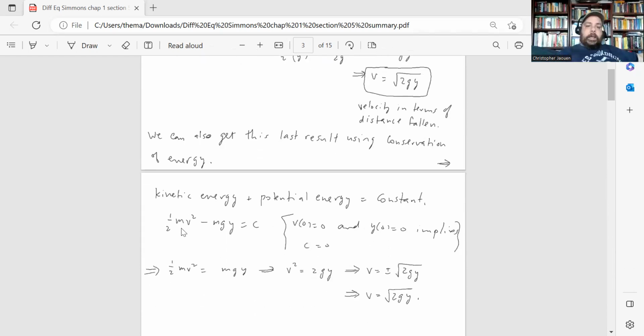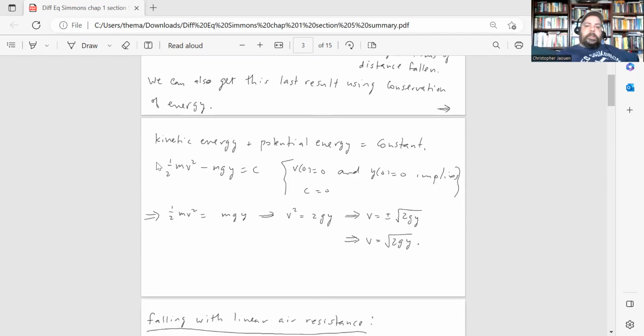All right, and then he says we can derive the same formula. We can get the same results using the principle of conservation of energy, which says that kinetic energy plus potential energy is constant. And using the initial conditions here, v of 0 is 0, y of 0 is 0, implies that c is 0.